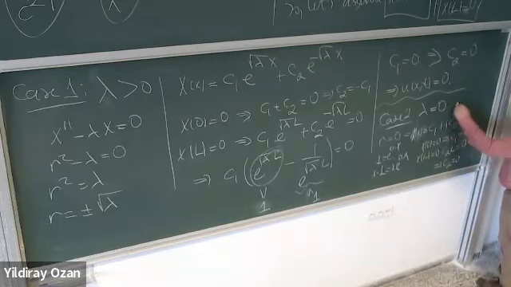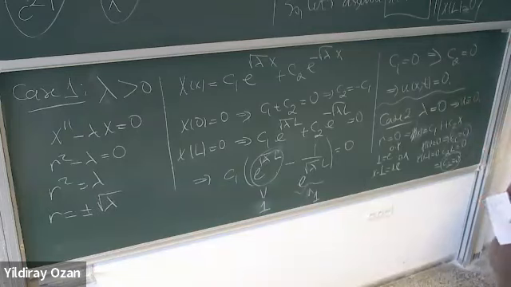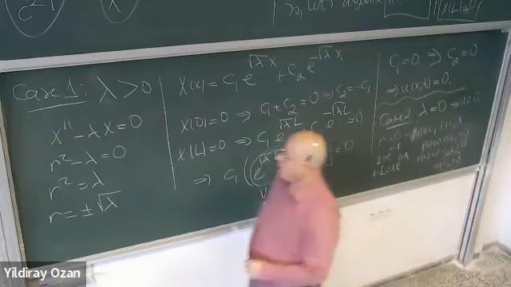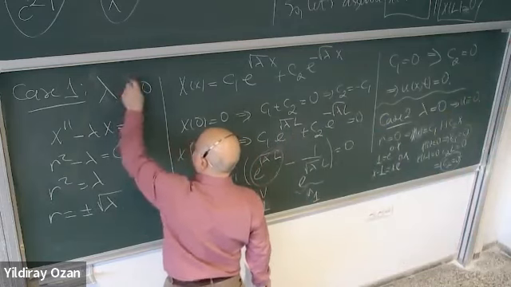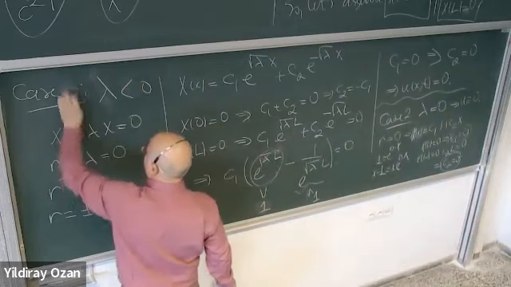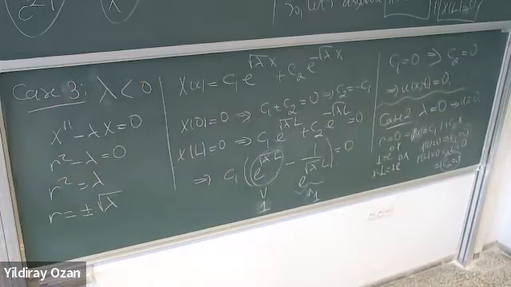So this again gives us only the 0 solution because both c1 and c2 are 0. So this gives us u equals 0 again. So no interesting solution in this case either. Therefore, we look at the third case where lambda is negative. So let me just do that.